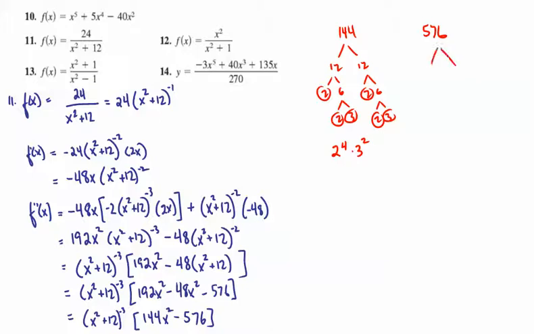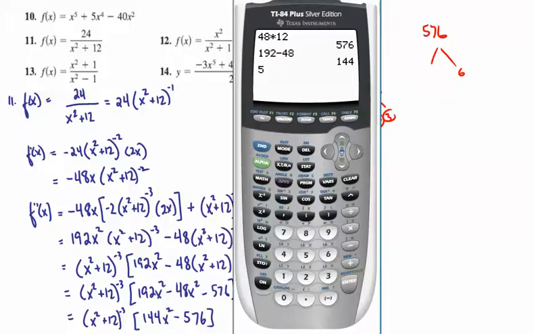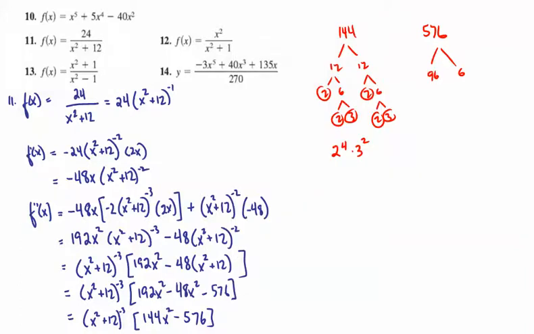576. I know that that is divisible by 6, so if I start there, 576 divided by 6 is 96. 6 is 2 times 3. 96, that would be 2 times 48, I believe.